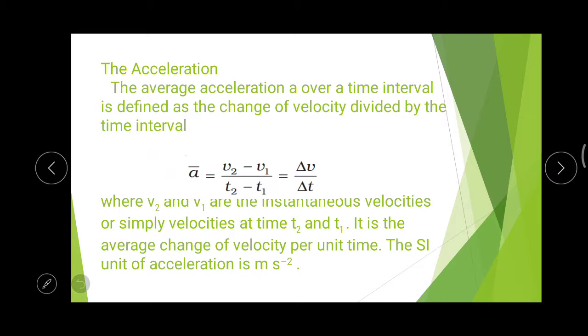The definition of acceleration is that the average acceleration over a time interval is defined as the change of velocity divided by the time interval.